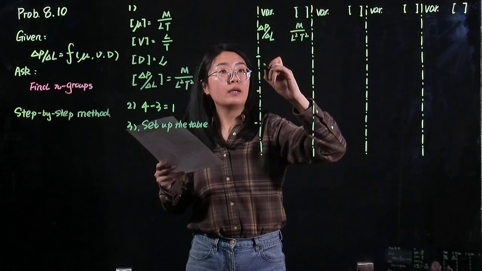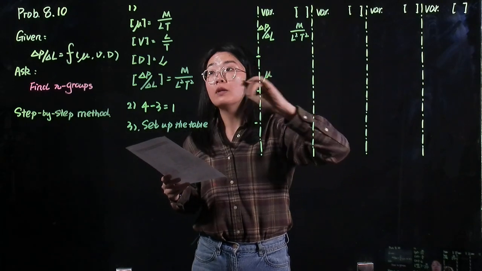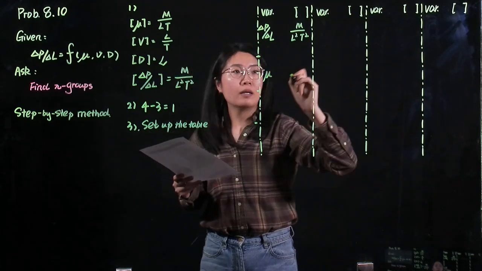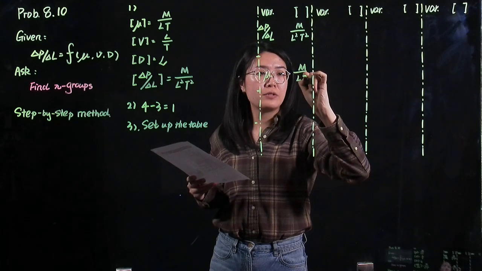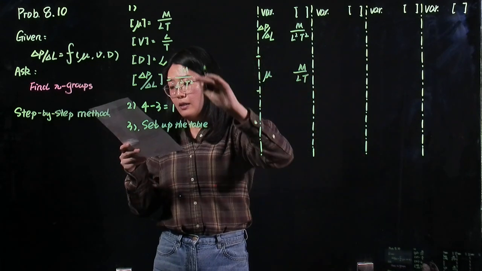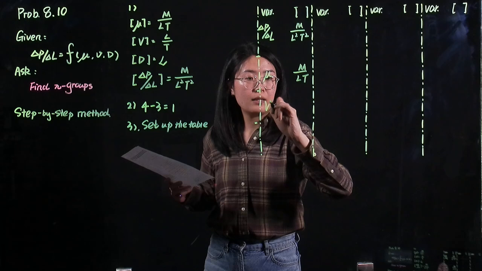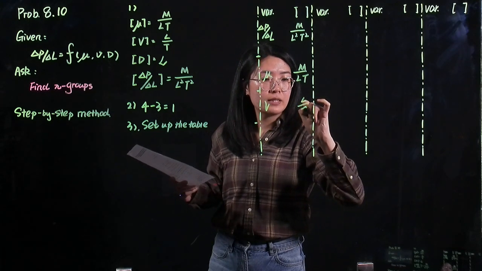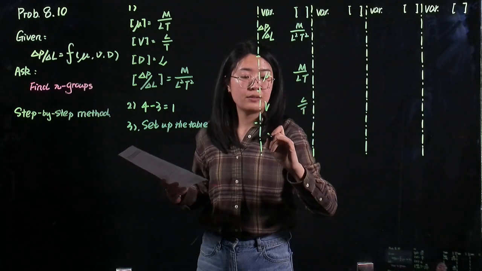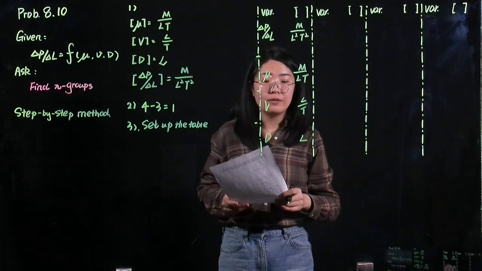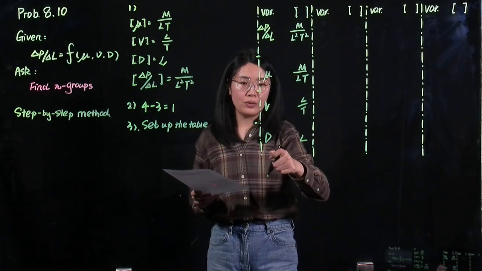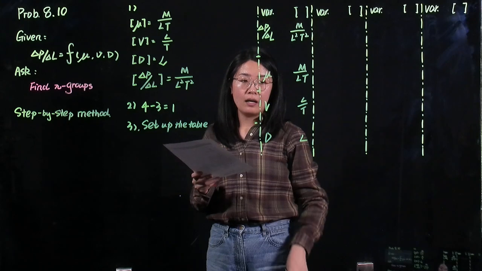For the next one, it will be mu, with dimension M over L times T. And the next one is velocity, L over T. The last one is diameter, L.